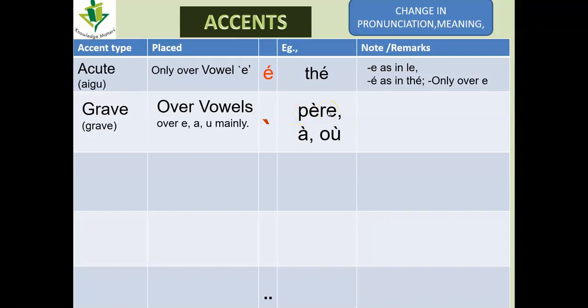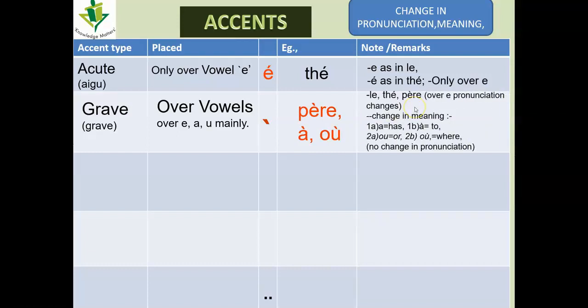It is an upward left direction, a slash, and E becomes pronounced as eh. For example, this will be pronounced as père. It is not per, it is not pear, père. So over E, the pronunciation changes.